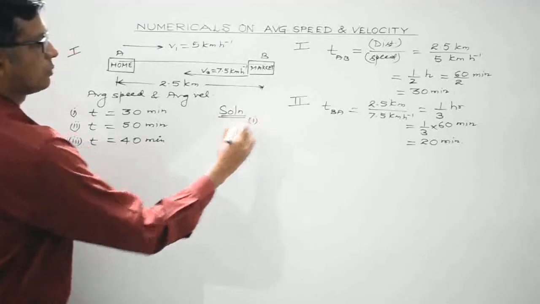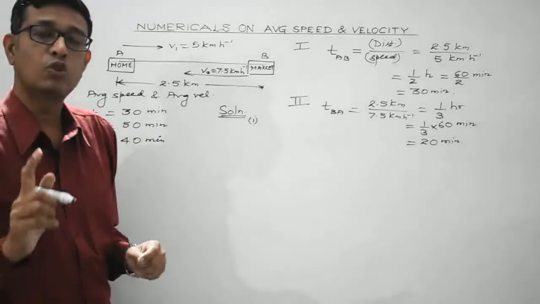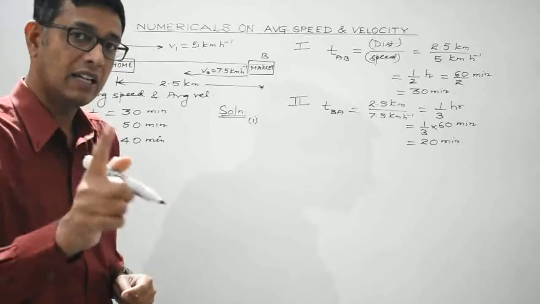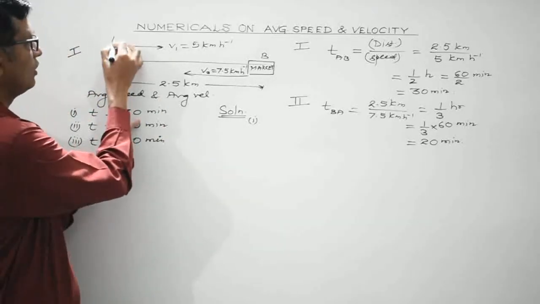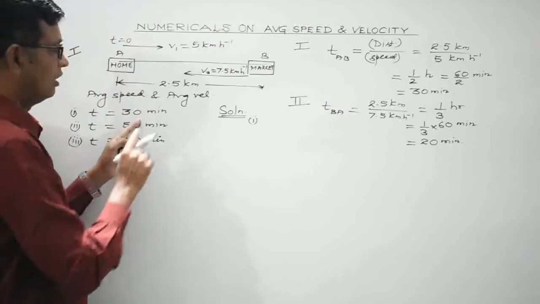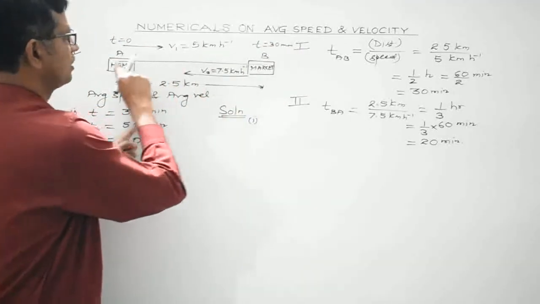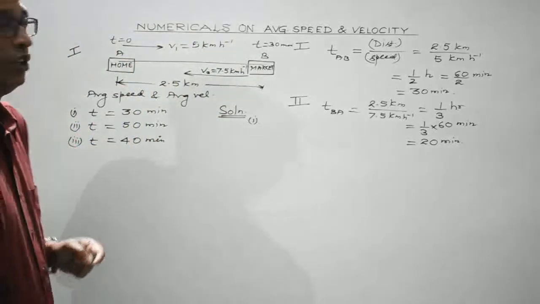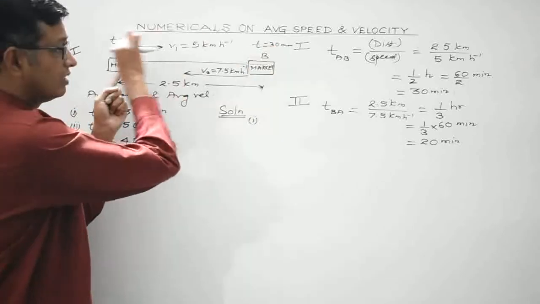Let's consider the first part. After a duration of 30 minutes, we are supposed to find the average speed and the average velocity. A person starts from here, t equals 0, and after 30 minutes he will be at point B. During this 30 minutes he has travelled along a straight path in the same direction.